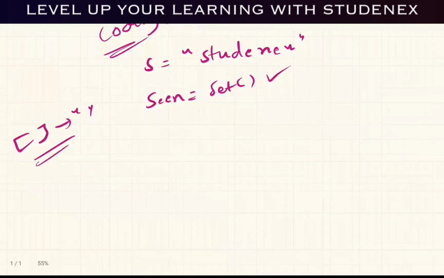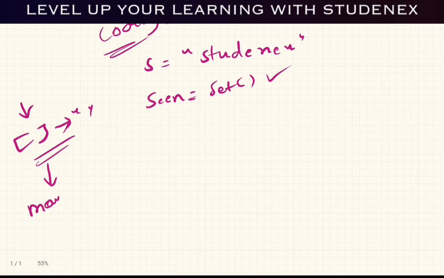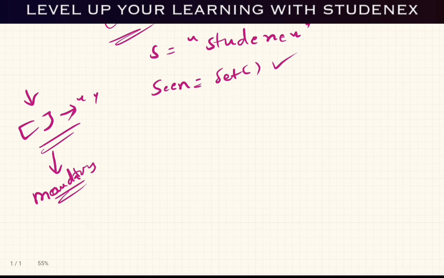I'll store these characters in an array and then print them as a string. This is quite confusing, but I'll explain it at the end. It's a very much needed, mandatory concept, so don't forget to learn it. Don't skip this question, because it is very important.